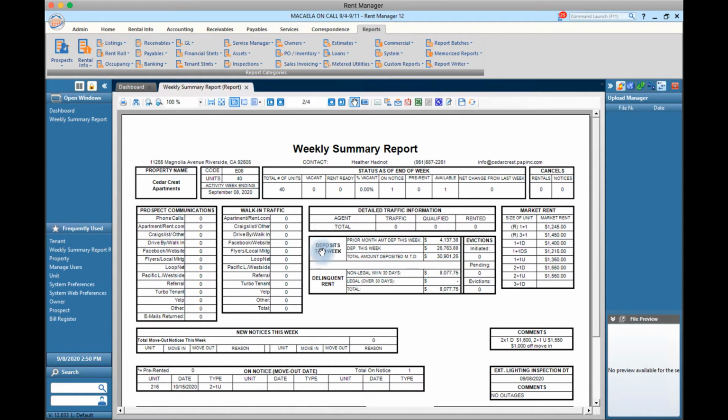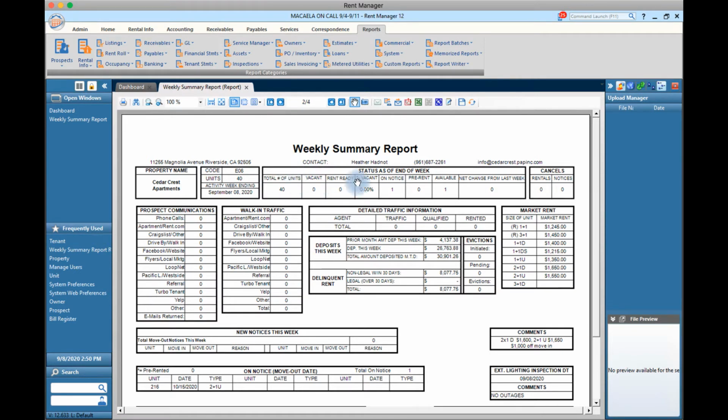This report is very detailed. It's going to basically show the owner exactly what happened that week. So anything from walk-in traffic, prospect communication, new rentals, any rentals that went on notice, and any type of vacancies that we have.